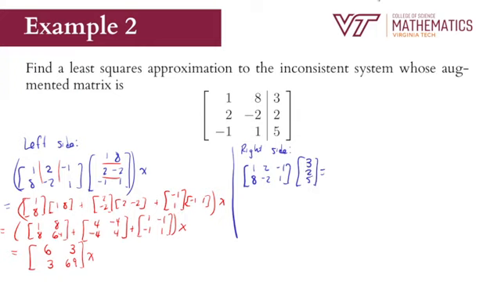And this is just the coefficients of a linear transformation. 3 times 1, 8, plus 2 times 2, negative 2, plus 5 times negative 1, 1. And that is, in the top row, we get 3 plus 4 is 7. 7 minus 5 is 2. In the bottom row, we get 24 minus 4 is 20. 20 plus 5 is 25.